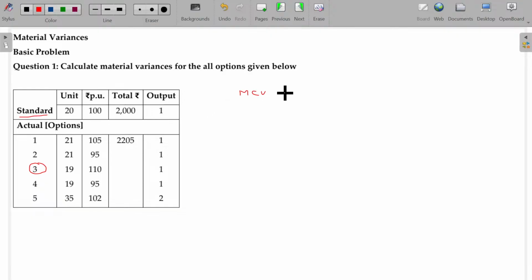Material cost variance, standard cost minus actual cost. Material price variance, standard price minus actual price. This price will have impact to the extent of actual quantity purchased. Material quantity variance, standard quantity minus actual quantity, multiplied with the standard price.